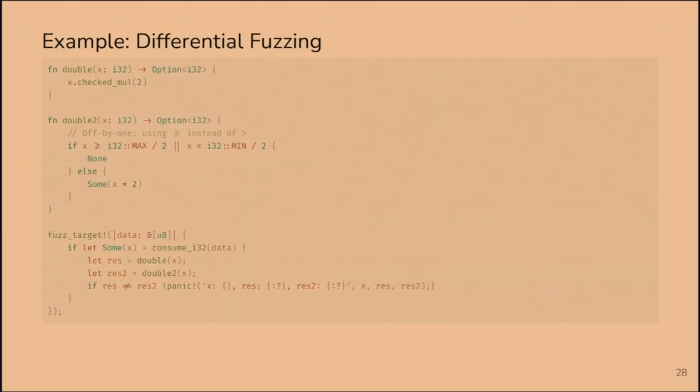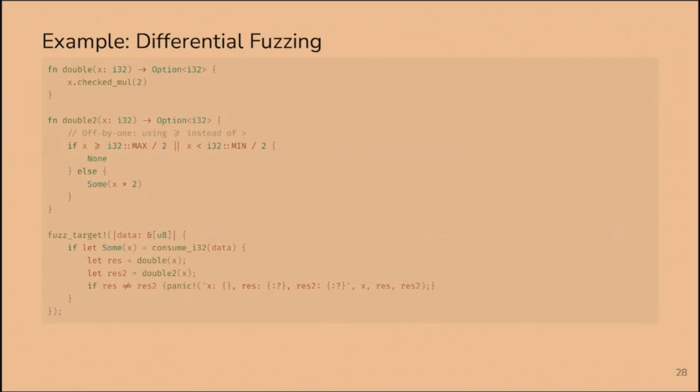So this is an example of differential fuzzing. We have the double safe function, which uses the checked multiplication, and we have another double function which is safe, but it has a bug, basically off by 1, because it uses x greater than or equal to i32 max divided by 2.